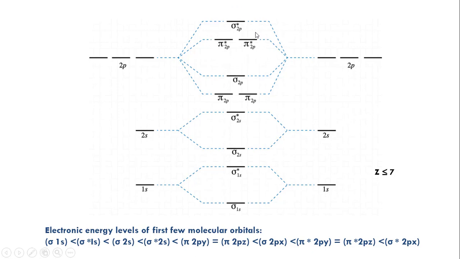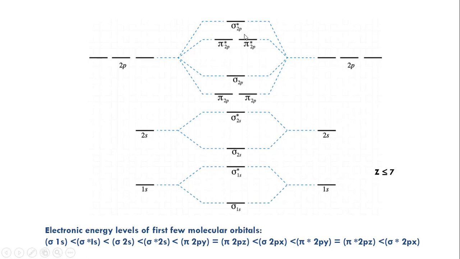Always we need to remember that the sigma star anti-bonding molecular orbital has a very high energy. Why? Because the sigma bond is a very stable bond. The sigma bond is formed by the mutual sharing of the orbitals or electrons, so it forms a very strong bond. So the anti-bonding molecular orbital is very highly energetic.